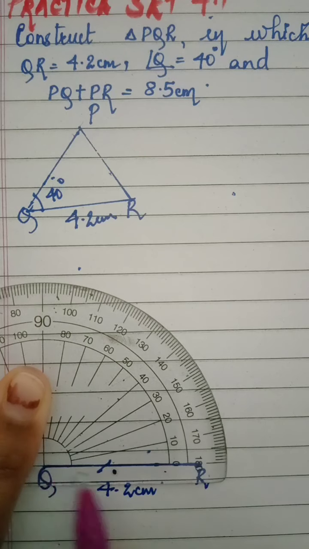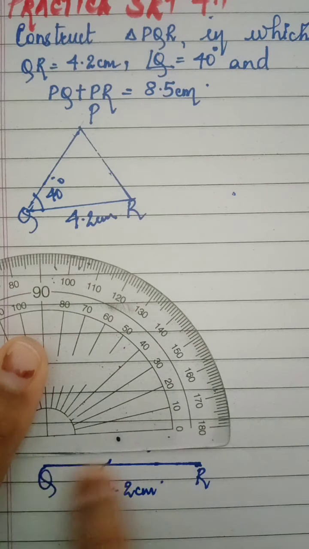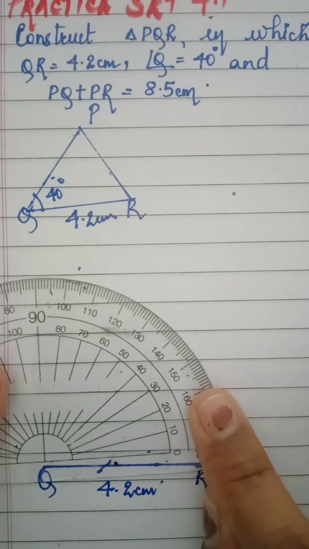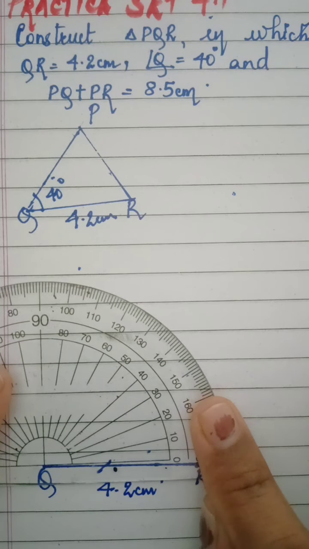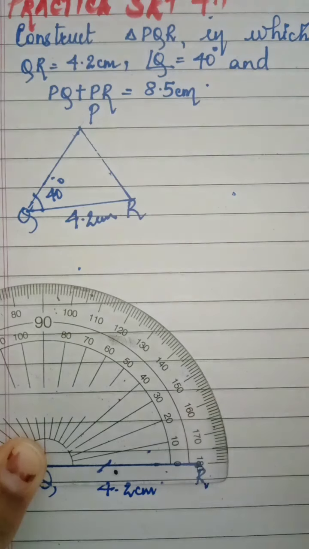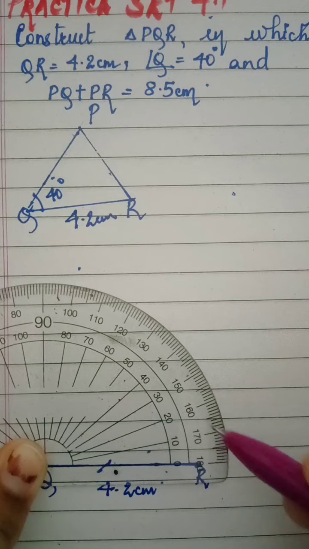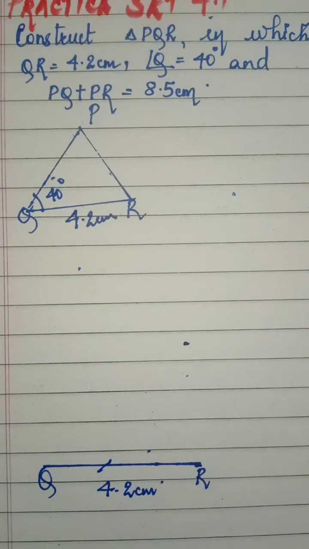So this base and protractor line coincides. As you can see, this line and this line should coincide. Yes, nicely coinciding. And hold it firmly. 40 degree, 10, 20, 30, 40. I can see here 40.